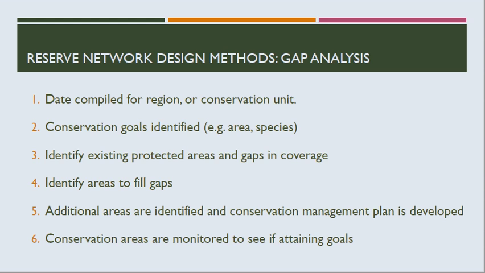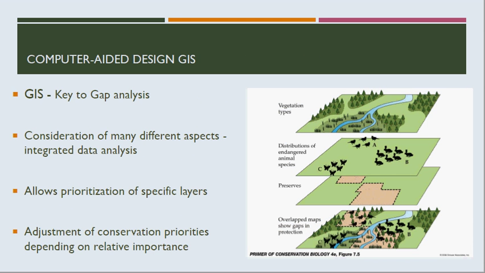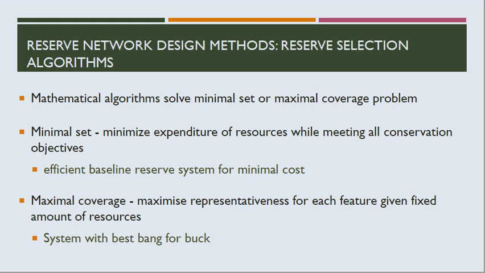Reserve algorithms, I won't spend too much time on that. I have never used this myself, but apparently it can be very effective in calculating the largest number of species for the minimum expenditure of resources in meeting conservation objectives. And you would use systems like indexing, iterative techniques, and integer planning.